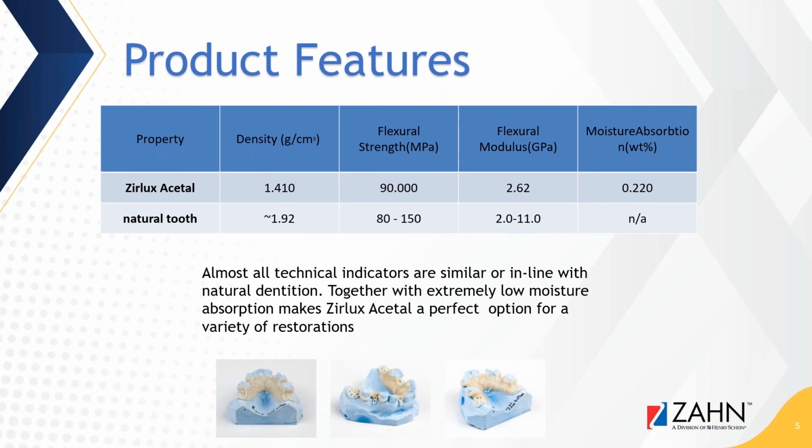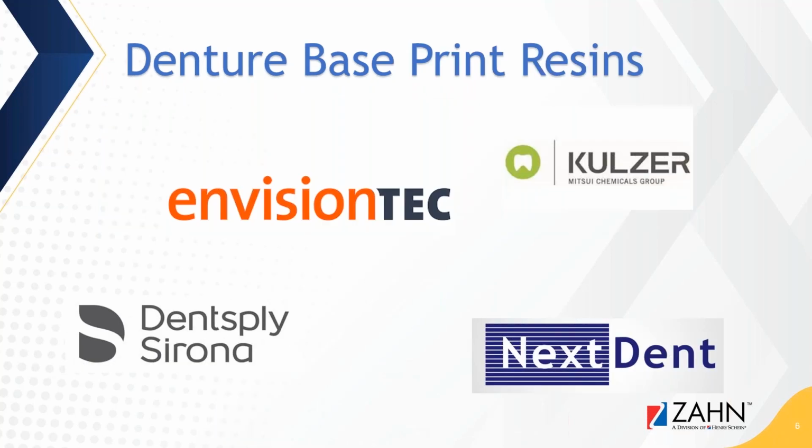featured characteristic. So tricks of the trade, if anything needed to be for a specific customizable virtual DME for 3Shape, just reach out to your support specialist at Zahn and they will gladly be helping you out to set up this Zirlux Acetyl specific material onto 3Shape.